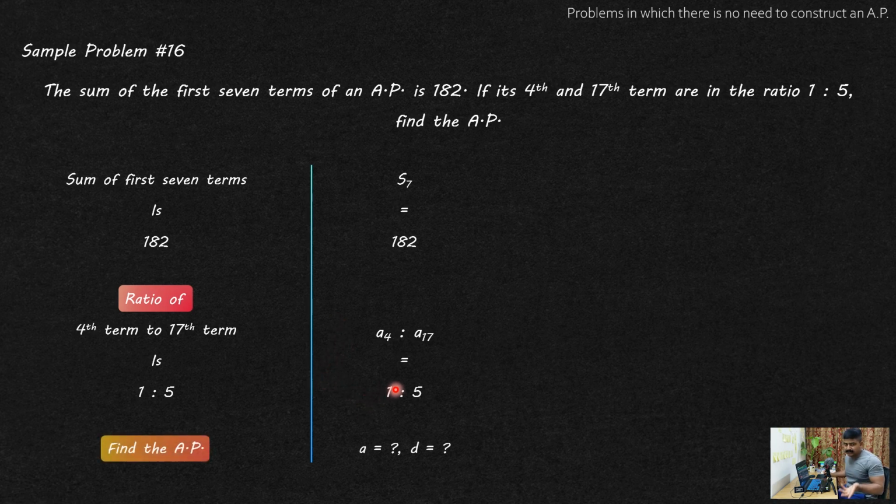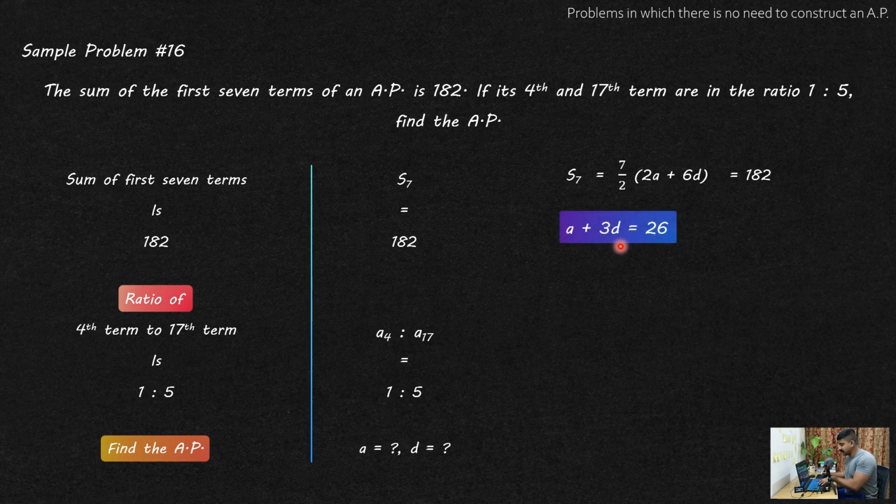Again, we need to find A and D. S7 is equal to 7 by 2 into 2A plus 6D, which is equal to 182. This is the given piece of information. So here A plus 3D equals 26 after simplifying this expression, this equation.